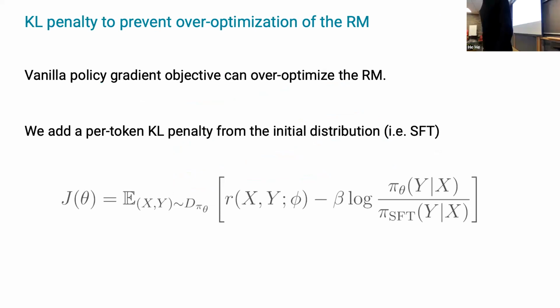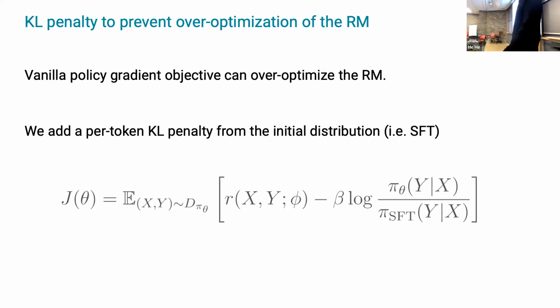What can happen is that the reward can be hacked: there might be something the reward model likes that is against human preference, like longer outputs being preferred for some reason. If you just generate much longer outputs than the SFT model, then this term would be higher, to prevent that kind of thing.